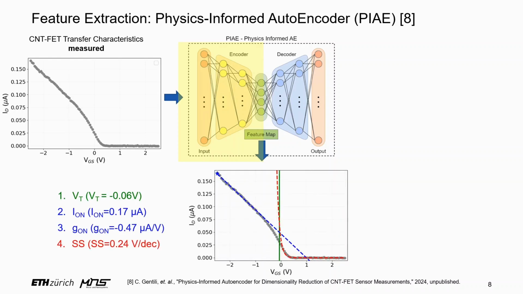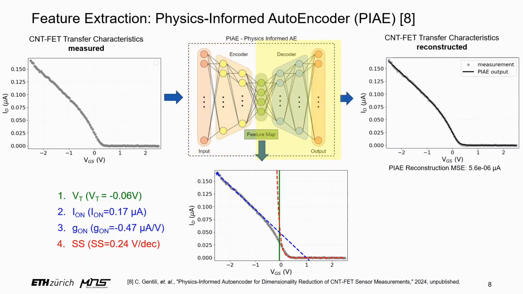Then the decoder, from these 4 numbers, decodes the transfer characteristics in output. You can see that the reconstruction in general is really good, which means that these four numbers are really capable of capturing all the information contained in the transfer characteristics.